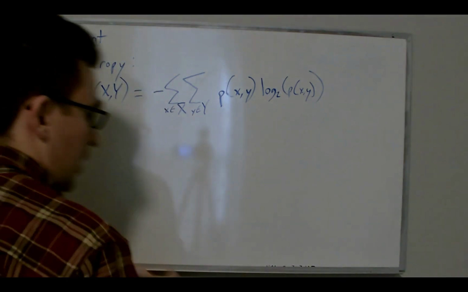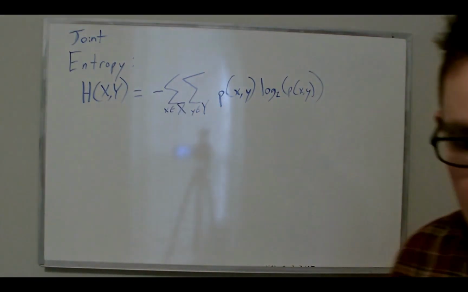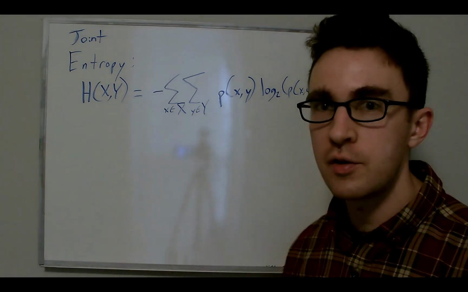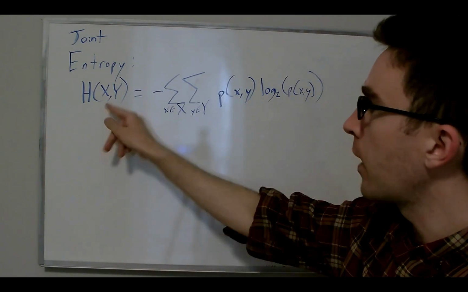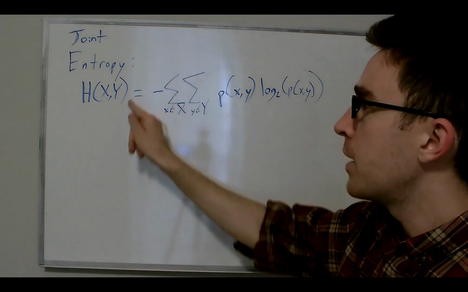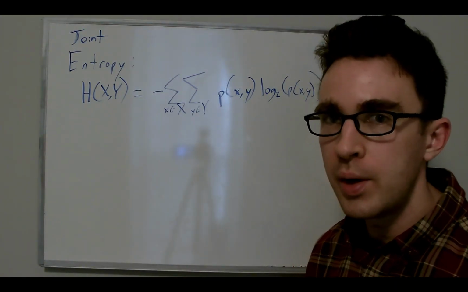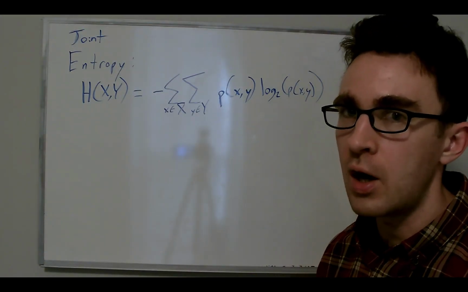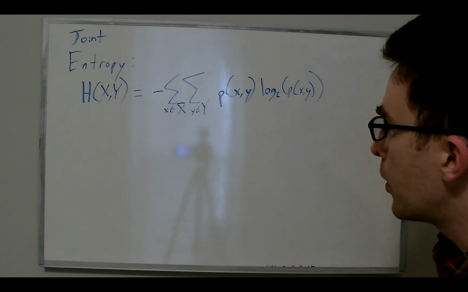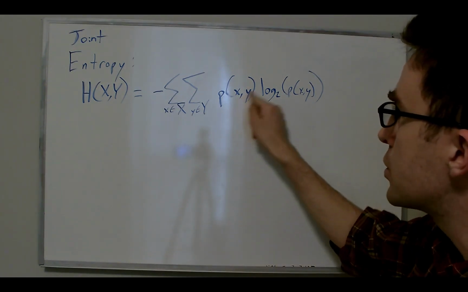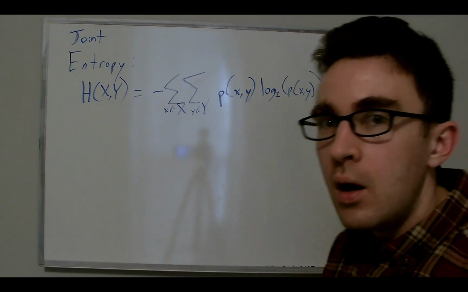Joint entropy is basically the same concept, except it's for a joint distribution of two random variables, which I call x and y here. So if we have a joint distribution of these two variables, x and y, we know the probability of each combination of them.